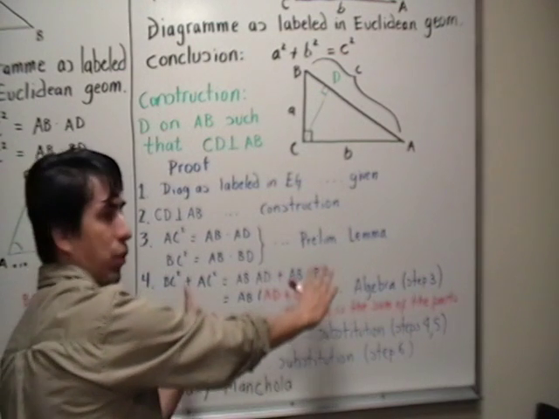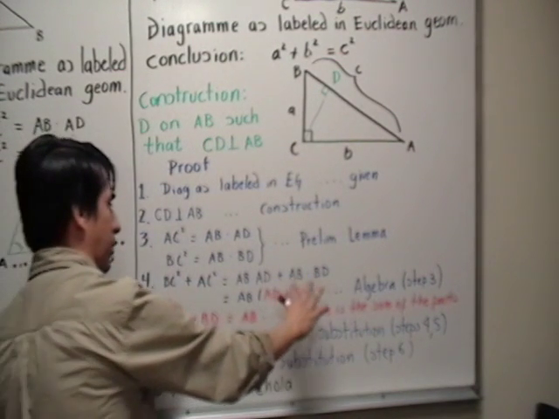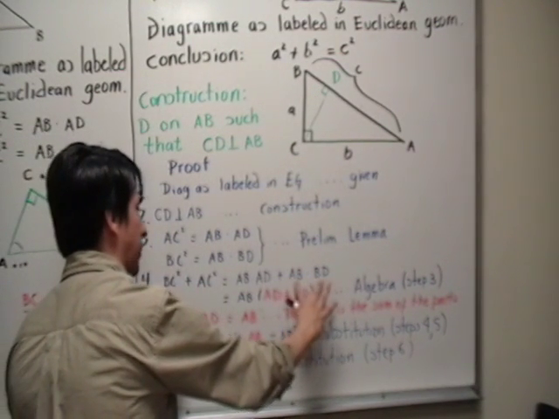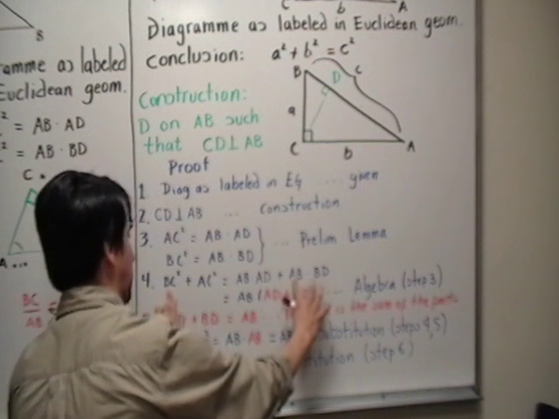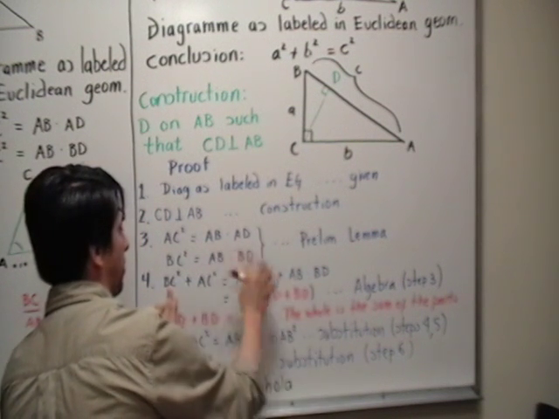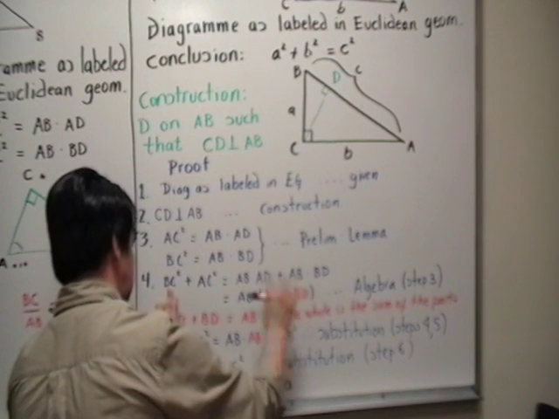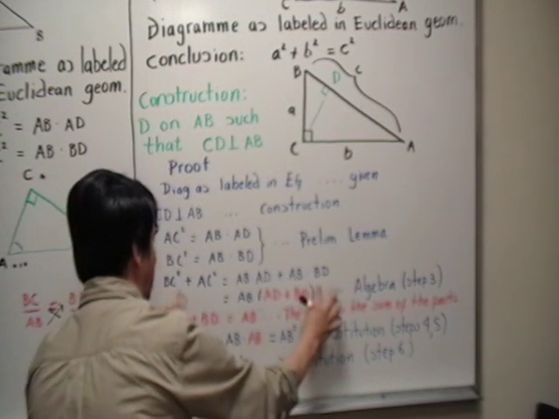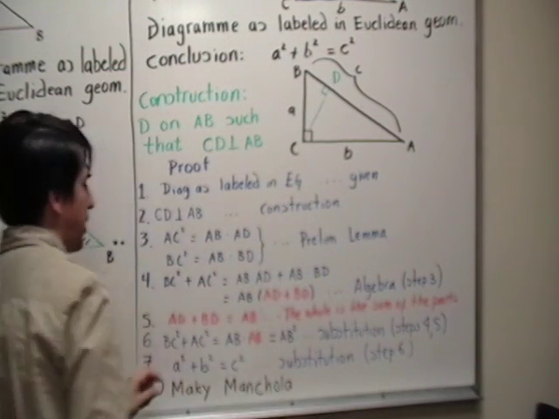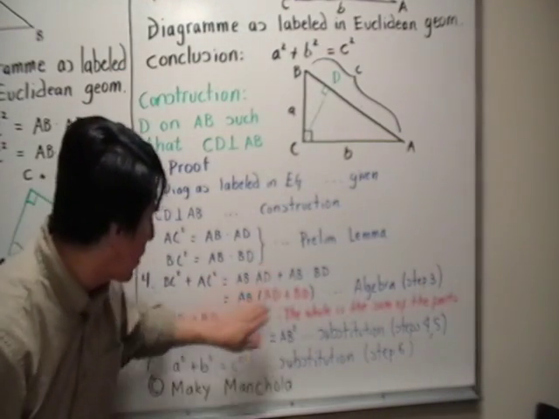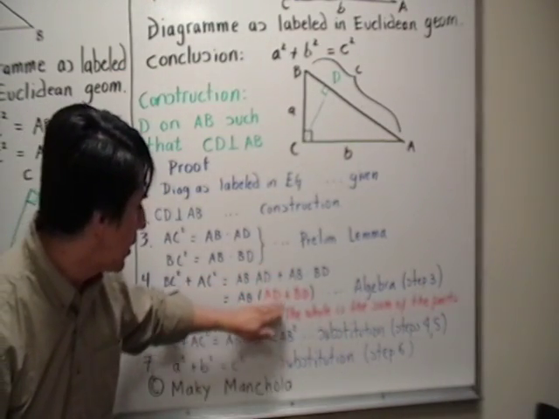BC squared is AB times BD. AC squared is AB times AD. Factor out AB. What do you get? AB times the quantity AD plus BD.